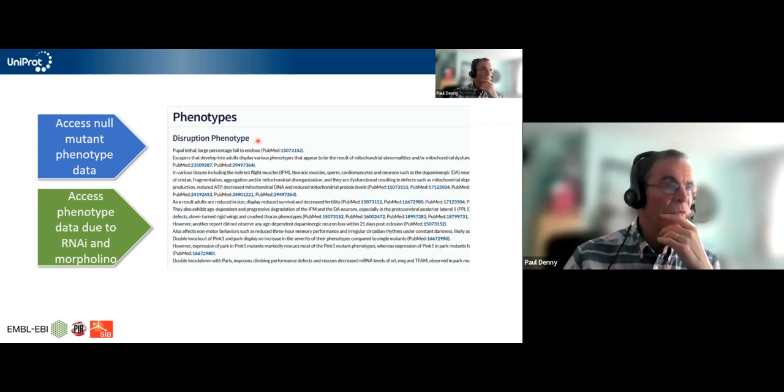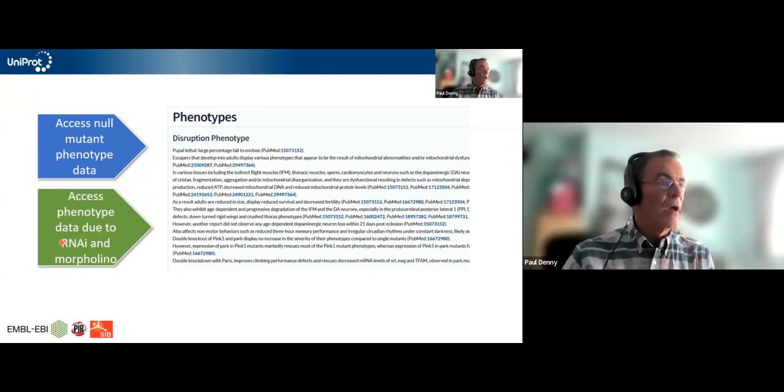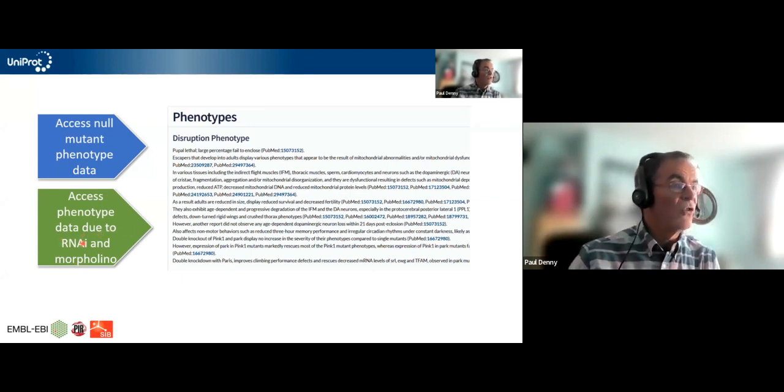a particular protein. Some of these could be produced artificially, or they could have arisen spontaneously in a particular organism. The other possible source of variation included in this data is things like knockdown with RNAi, which some of you will have heard of, or morpholinos.